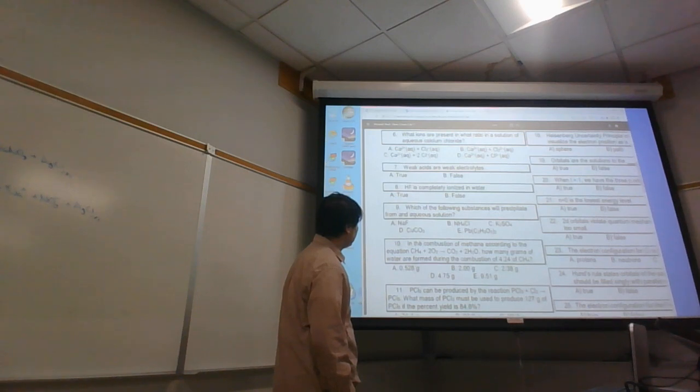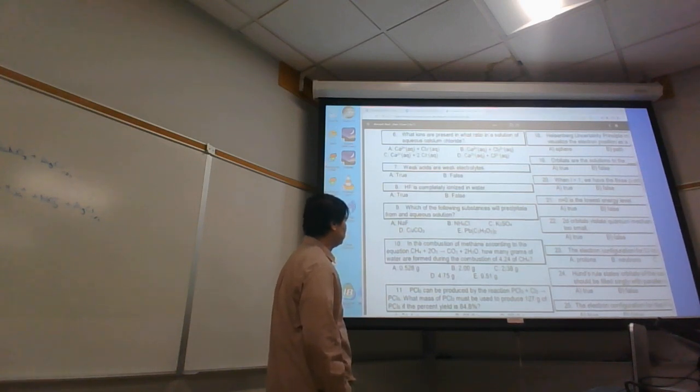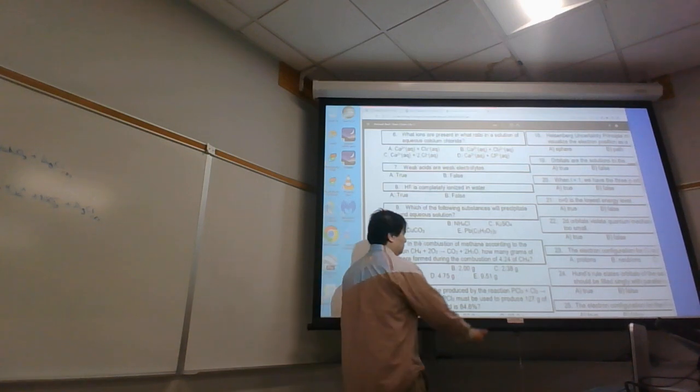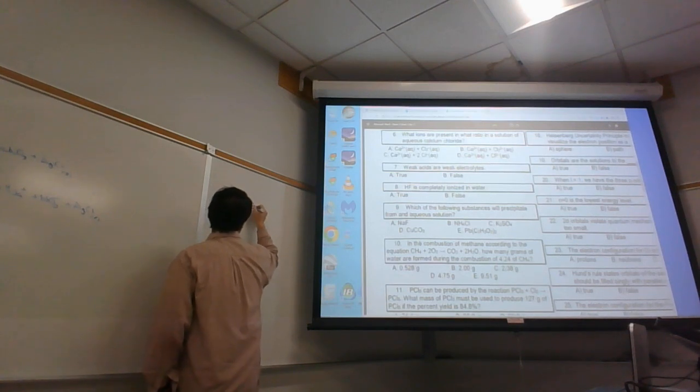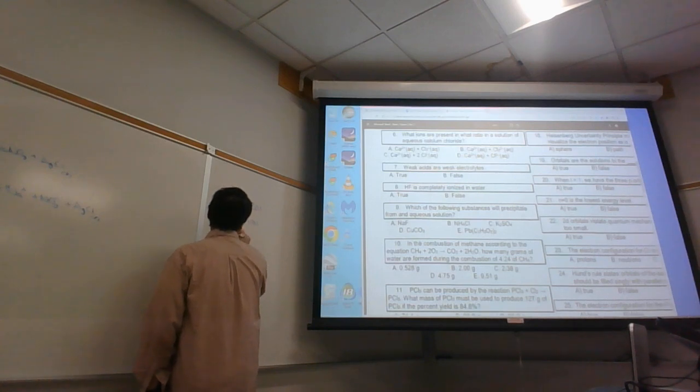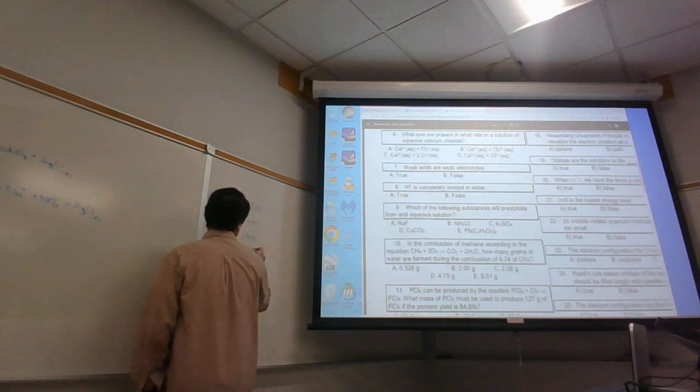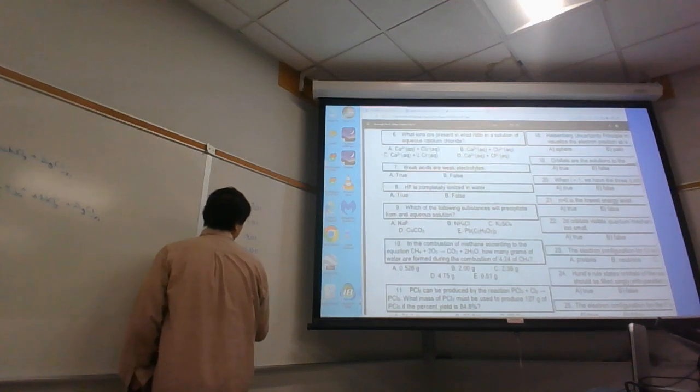10. In the combustion of methane, according to the equation, how many grams of water are formed during the combustion of 4.24 grams of methane? So, if you have some of these memorized, like carbon's 12.01, hydrogen is 1.01, nitrogen is 14.01, oxygen is 15.9, yeah, we'll just round it to 16.0.